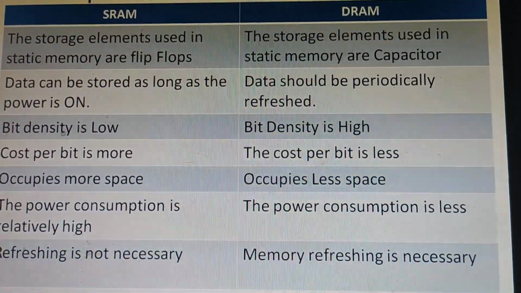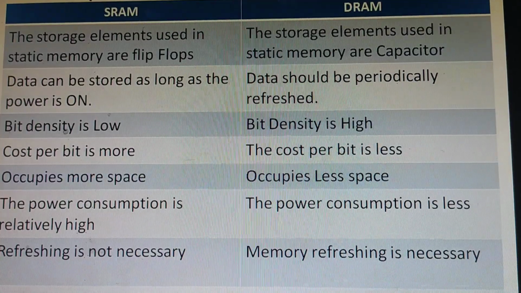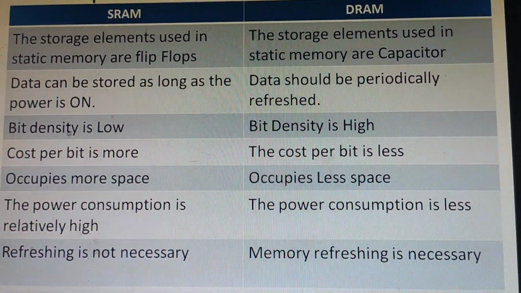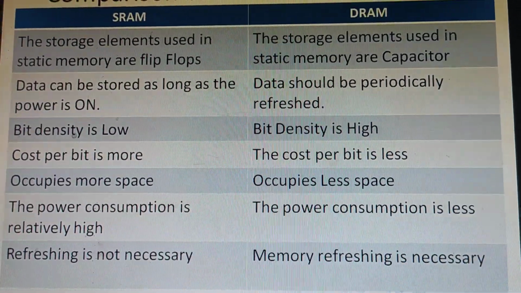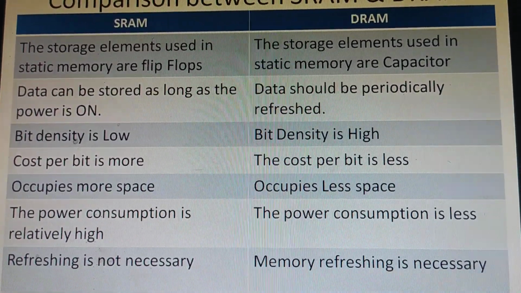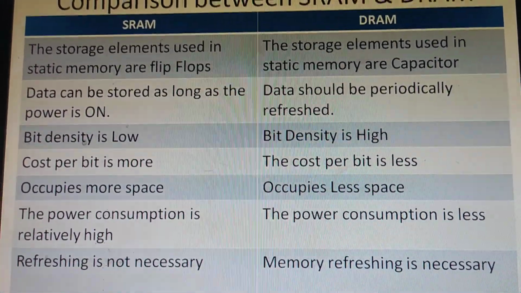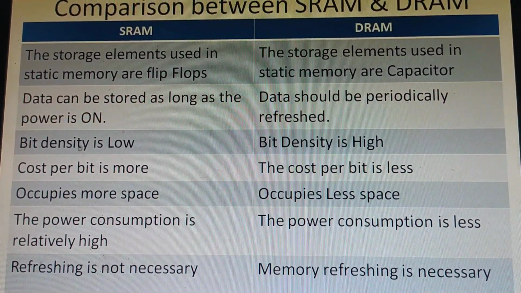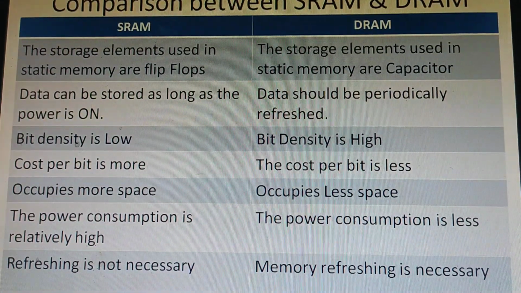What is the second difference? In SRAM, data is stored as long as the power supply is there. Once you write the data into the SRAM, until the power supply is there, the data will be safe and stored in an efficient manner.